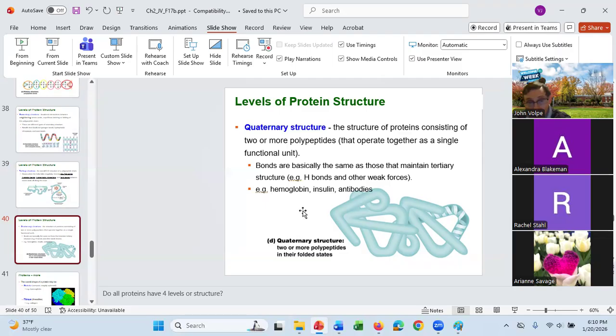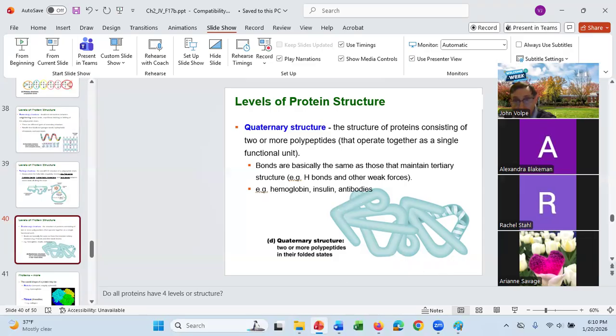An example of that they talked about was hemoglobin, as well as antibodies, where the different protein polypeptides come together to make the finalized protein, and that's called the quaternary level. Any question about any of that? Hemoglobin and antibodies are made up of 4 polypeptide units to make the complete protein, which we'd call the antibody or the hemoglobin molecule.